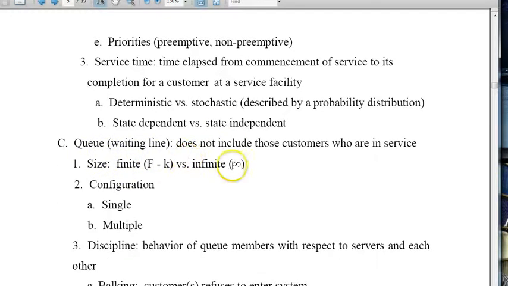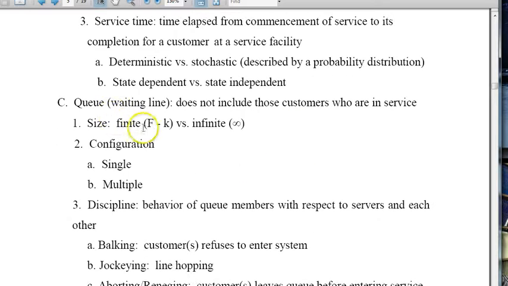The queue, which is the waiting space, the physical space where customers wait for service, can be finite, which is F minus K. F is all the space available, including service spots. So if you have 5 customers waiting and 2 servers, that makes F 7, but we have 5 waiting spaces. Or it can be infinite.